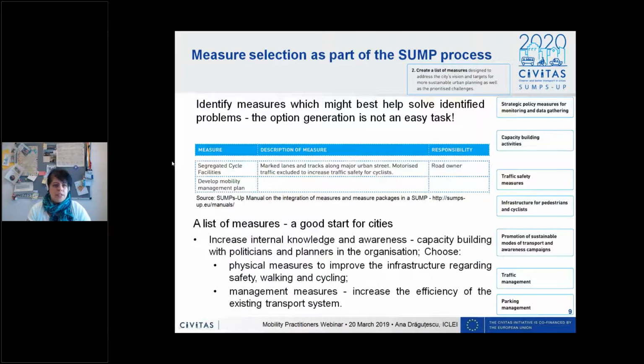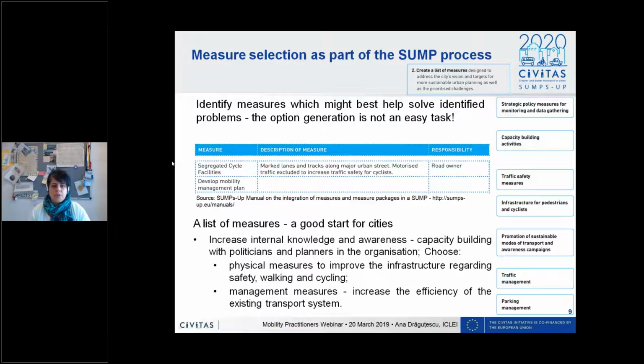So the measures have to be identified, and we have to identify the best measures that will help to solve the problems listed before. A good list of measures is a good exercise for the cities. It will increase internal knowledge and awareness, capacity building with politicians and planners in the organization.